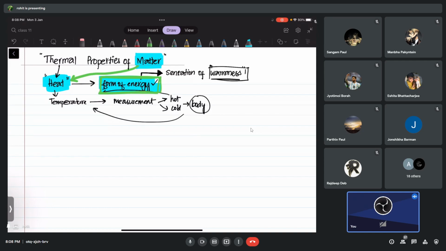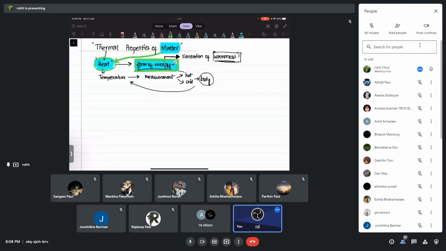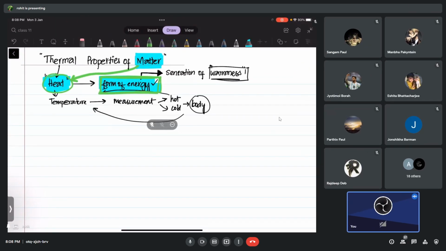In solids, liquids and gases also, matter has energy when it has heat.